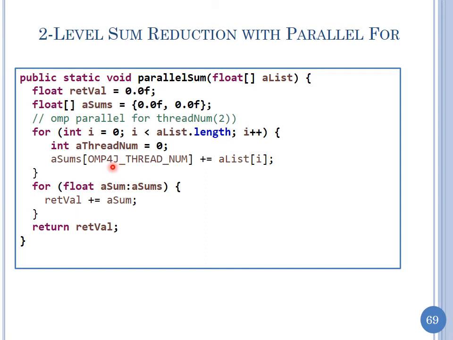So we index using the thread number and change that value. And in the end, this is the part that is parallelized. This is serial. So in the end, we take all of these values, sum them up and return retval. Oh, I've got this void here. Okay, so retval is the result, and either I should make this a float or change this. Okay.